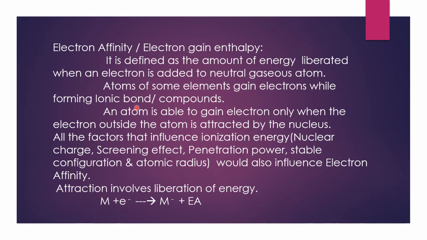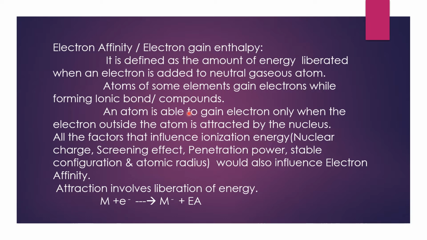That is, atoms of certain elements during the formation of an ionic bond release energy and at the same time gain an electron. Then in such cases a certain amount of energy is released, and this released energy is known as electron gain enthalpy.